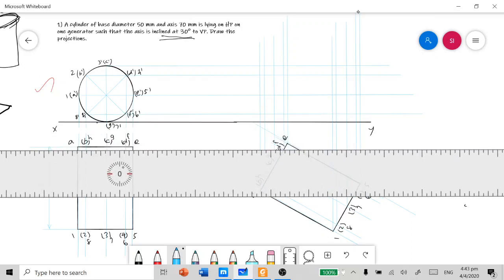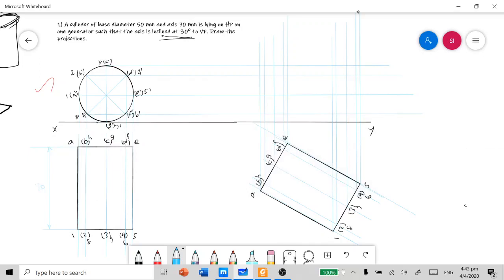For the point G and G dash and 7 dash, the projector will come along with the XY line, so we need not highlight it once again. And now identify the cut points, starting from the base point, that is A, B, C, D up to H. Here I can mark the final A dash, B dash, C dash, D dash, E dash, F dash, G dash, and finally H dash.